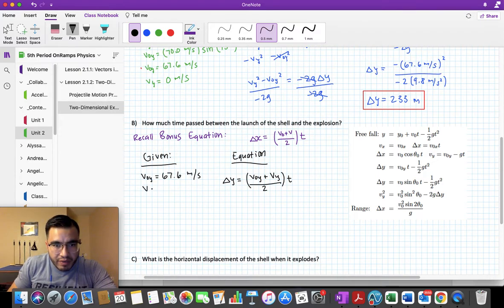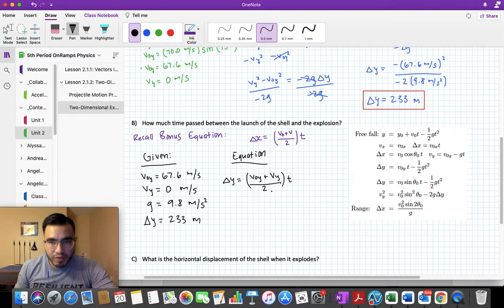We know that v final along the y is 0 because that's when it reaches its maximum height. We know acceleration due to gravity is 9.8 meters per second squared. And we found delta y to be 233 meters.